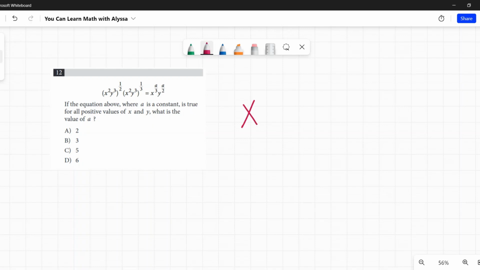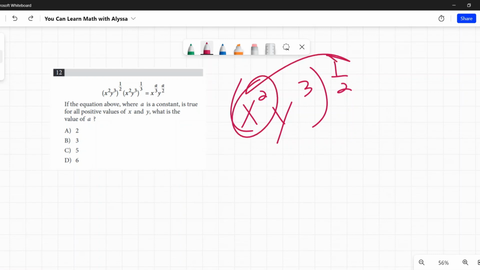First little group here, I have x squared times y cubed, all to the power of 1/2. I'm going to start with that first, just this little chunk first. I'm going to ignore the rest for now. These are power to a power situations. This is x squared to the power of 1/2, y cubed to the power of 1/2.